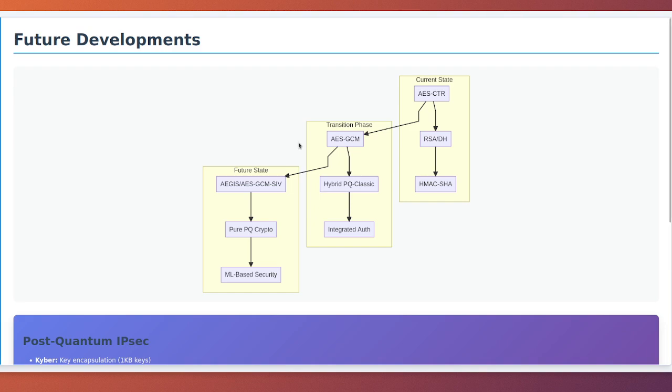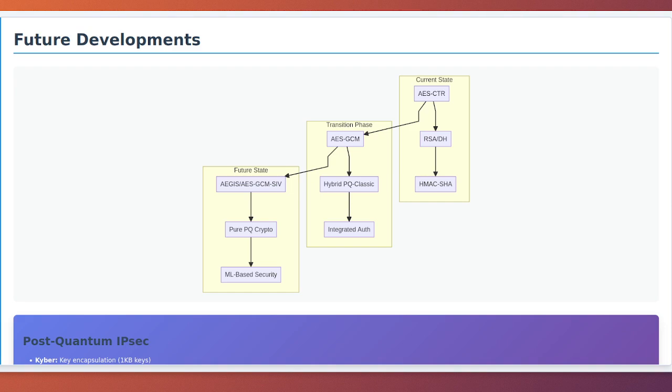NIST is standardizing post-quantum algorithms like Crystals-Kyber for key exchange and Crystals-Dilithium for signatures. Hybrid modes that combine classical and post-quantum algorithms are being developed for IKEv2, ensuring security even if one algorithm fails. Early implementations are already appearing in experimental branches of strongSwan and other IPsec stacks.